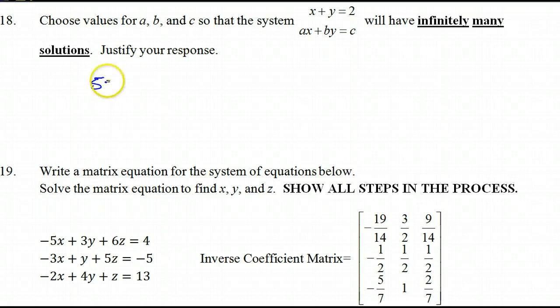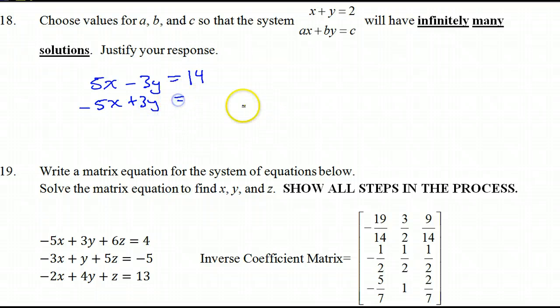Say the first equation was 5x, let me throw a negative in here just for fun, 5x minus 3y is equal to 14. Okay. Then if the next equation turned out to be negative 5x plus 3y is equal to negative 14.